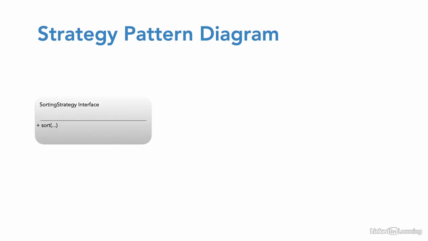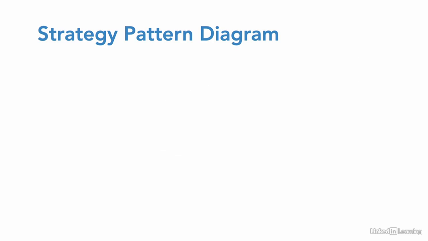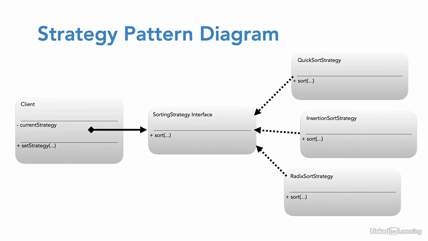And what we would do then is have all of the different strategies for sorting separated out into their own implementations of this interface, right? Separated out into their own classes. And once we have our sorting strategies, we'll then have the client code represented as its own class, and this class will contain a sorting strategy as a member variable, as well as a method or constructor that allows us to set whatever sorting strategy we need outside that class.